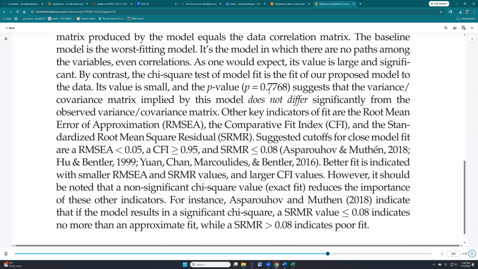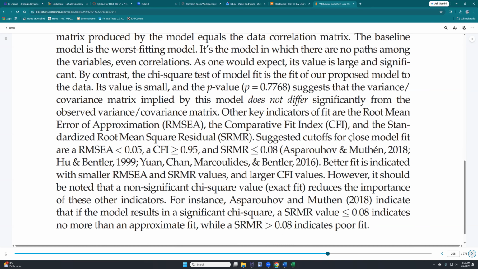Others will say that those areas of misfit are not important. That's why you need to investigate them, okay? But because of that, we have other fit indices, like, for instance, the root mean square error of approximation, the comparative fit index, the CFI, the standardized root mean square residual, and each of these has suggested cutoffs.